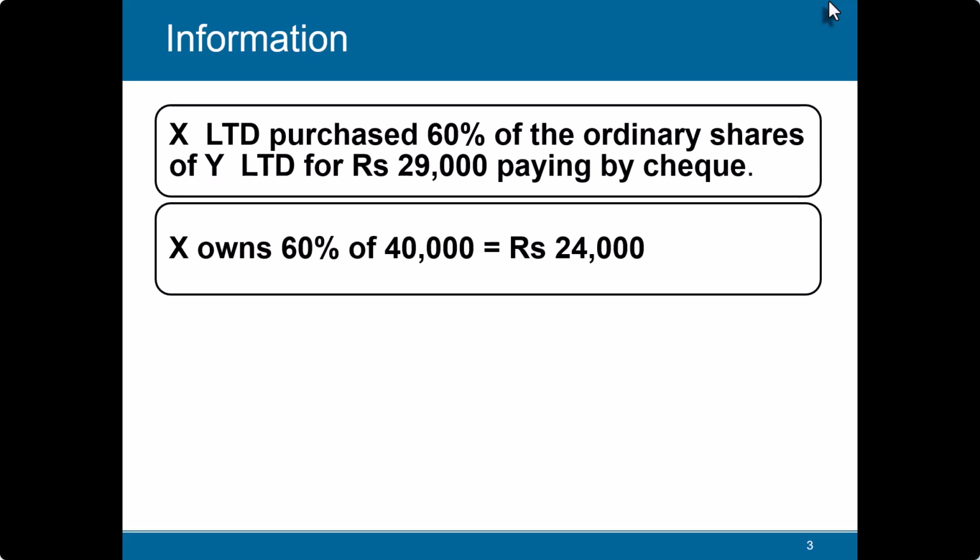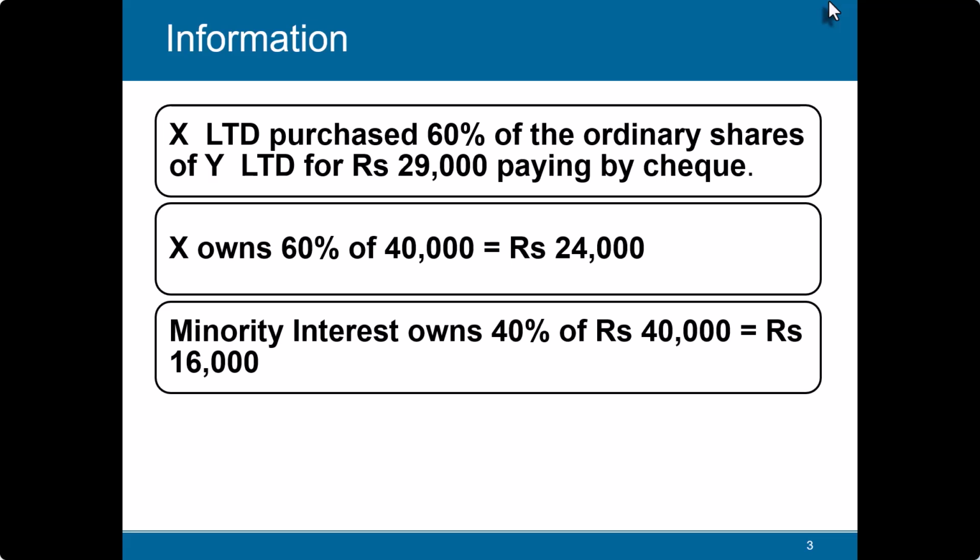They have paid 29,000 to acquire 24,000. So how much extra have they paid? 5,000. And that is called goodwill. Of course, it is a premium, but it is called goodwill because it is not an FPO or an IPO. So this will go to goodwill. They have paid some extra money than what they are supposed to pay.